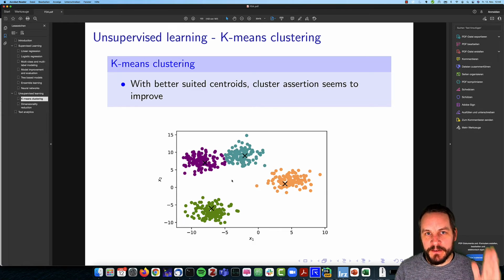For a different number of clusters, we can always calculate this sum, and then we can see how it progresses for an increasing number of clusters. We will choose according to the elbow method, which I will explain in the next video when we take a look at a real data set.